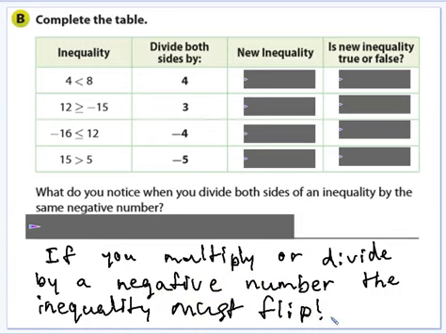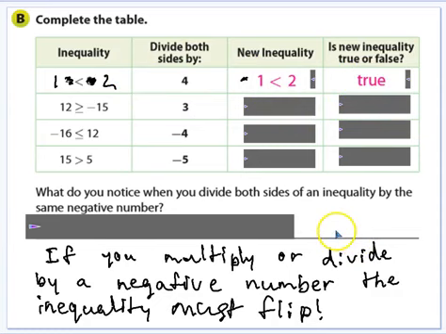All right? So let's look at this. 4 divided by 4 is 1. So we get 1 on this side, and 8 divided by 4 is 2. So new inequality is right there. And then is that true? Yes, still true.